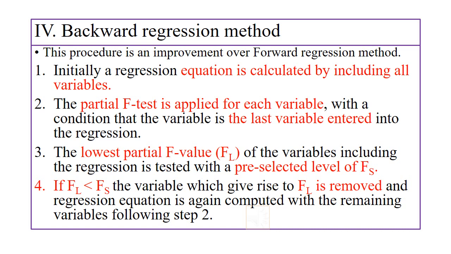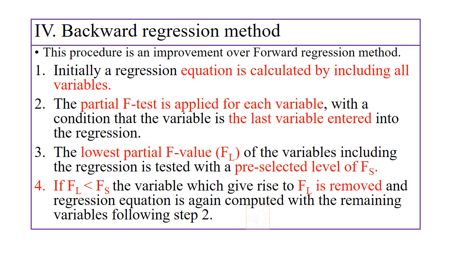What it does: initially a regression equation is calculated by including all the variables into the regression. Then the partial F is applied for each variable, with the condition that the variable is entered as the last variable into the regression.